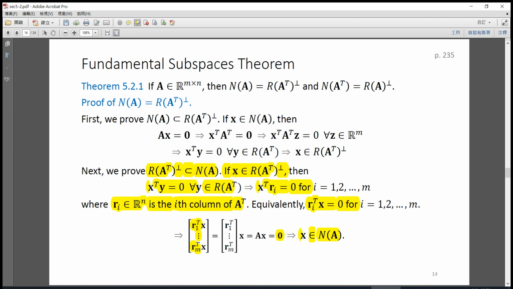And we know that because r_i is the ith column of A transpose, r_i transpose is the ith row of matrix A. Therefore, r_1 transpose, r_2 transpose up to r_m transpose is actually the matrix A. So now we have Ax equals the zero vector, and hence x belongs to the null space of A, and the proof is finished.